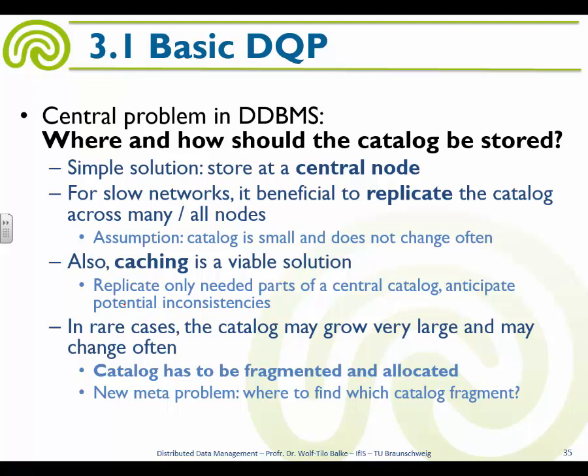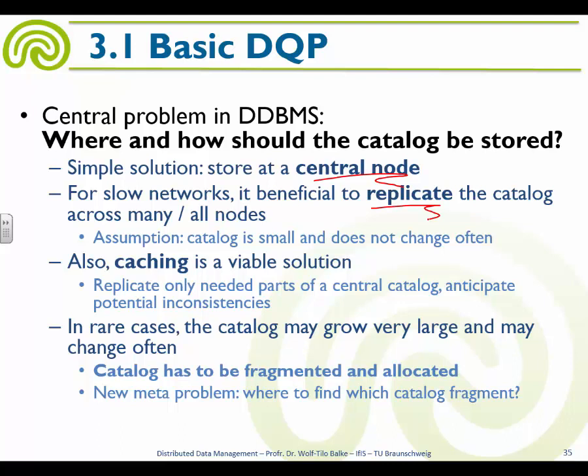Of course, a simple solution is just to put it onto a single node, right? If that node is under heavy usage, because obviously every query and every processing node needs the metadata, then you can replicate it and put it on several nodes in the network, so everybody has cheap access to it. That is replication of the catalog.